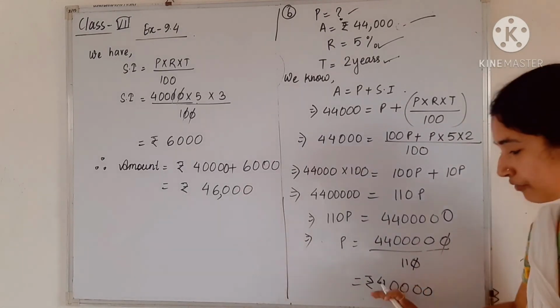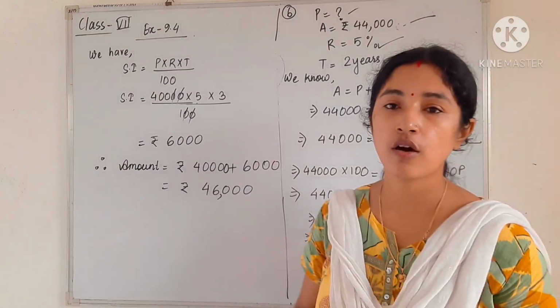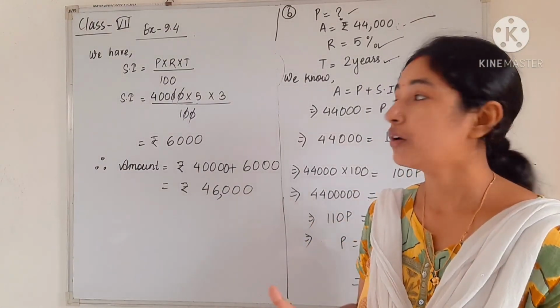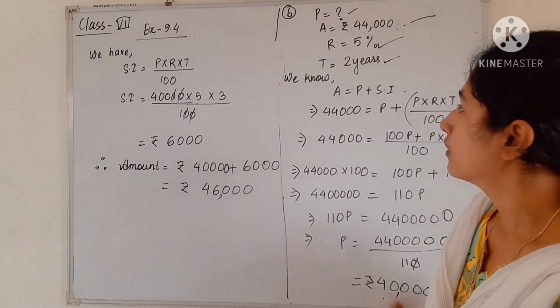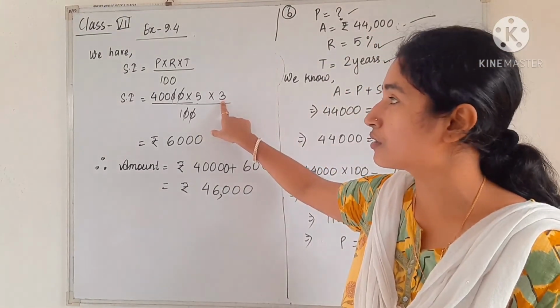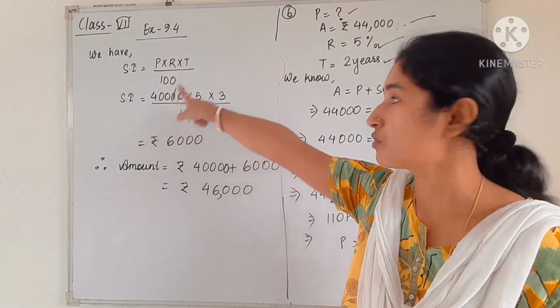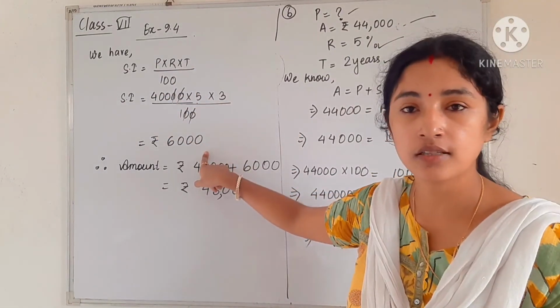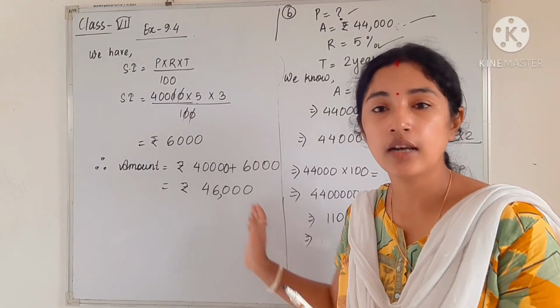After this condition, you have to write again for the principal this, rate 5%, and time is equal to 3 years. We have the simple interest will be this one, rupees 6,000. So this is for the next condition.